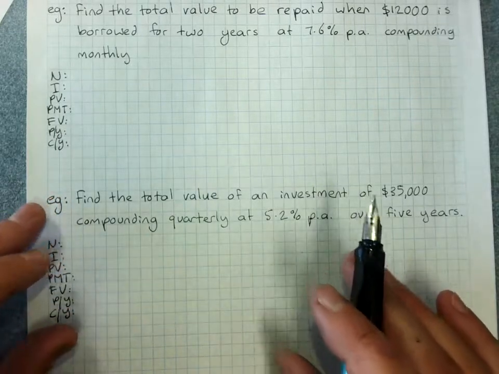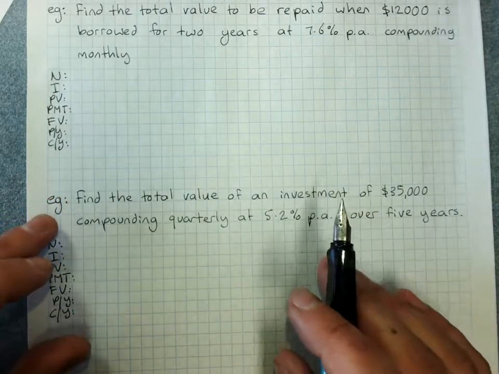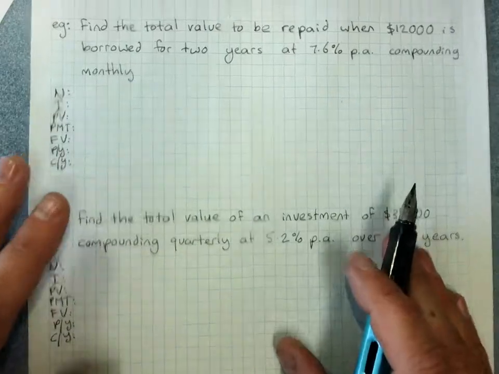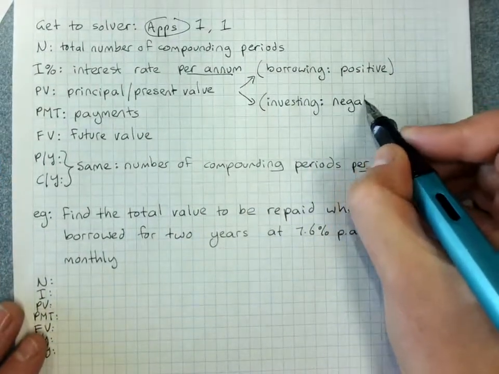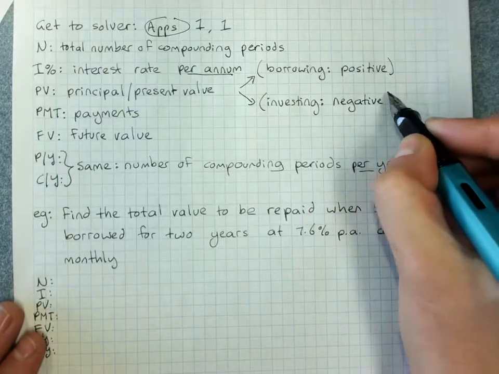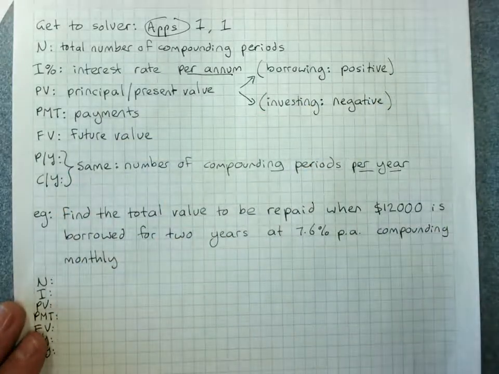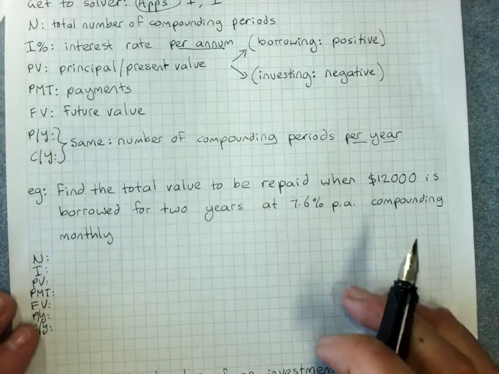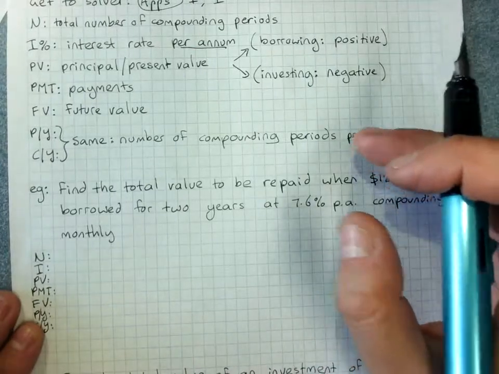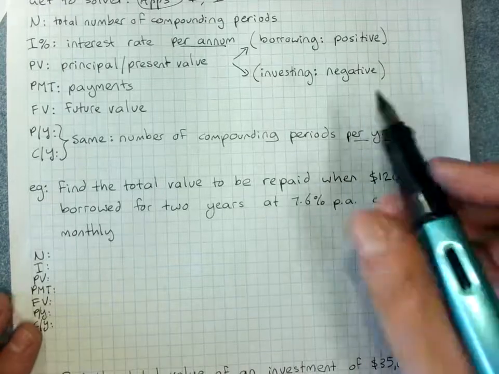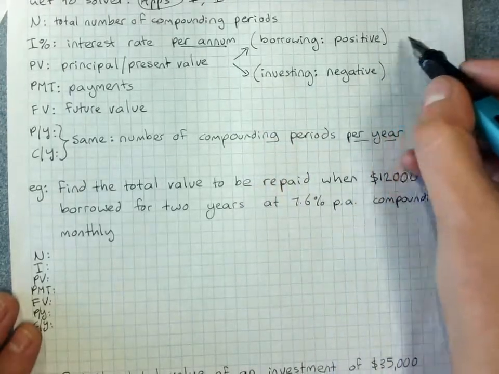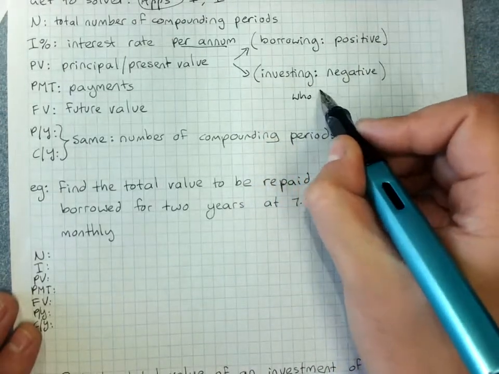So I don't currently have the use of that money. This is negative. So whether it's positive or negative for the principal, the present value, is whether you currently have the use of the money or whether you don't currently have the use of the money. So both of these are who has the money.